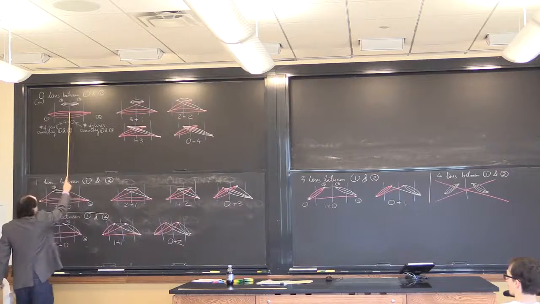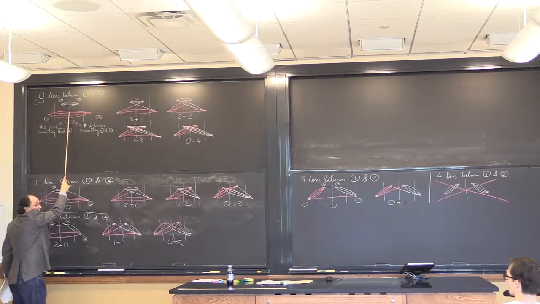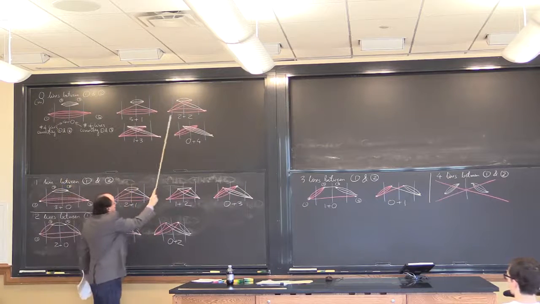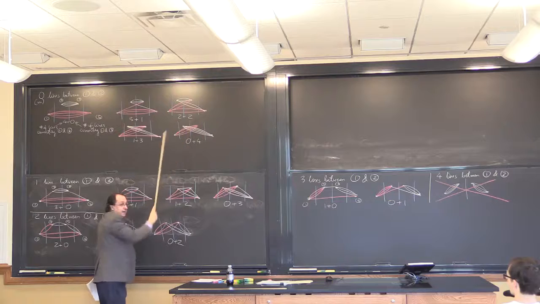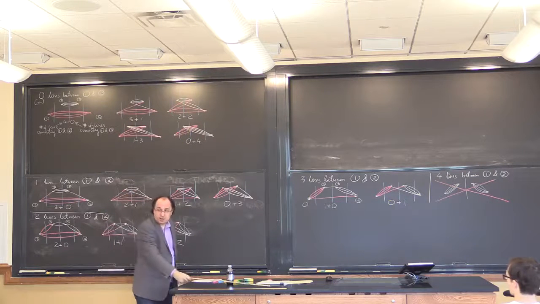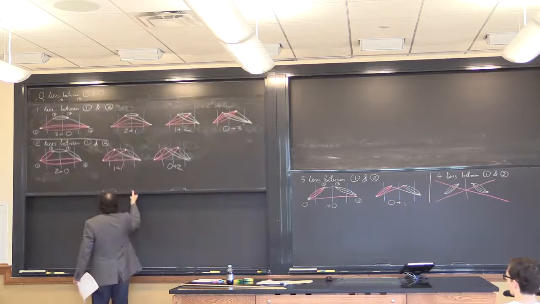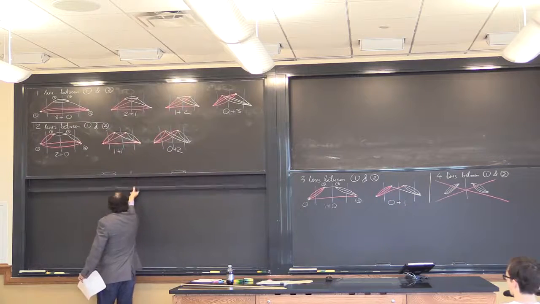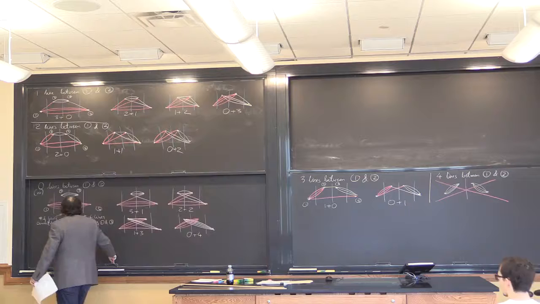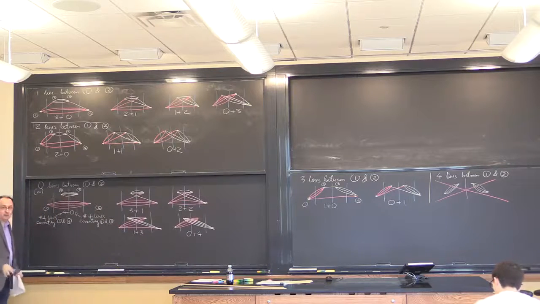We have one here, and we have one here, okay? So this is the first time we actually have to deal with a new situation of disconnected diagrams in the energy. So let me actually then number these diagrams. I'll go through all of them.